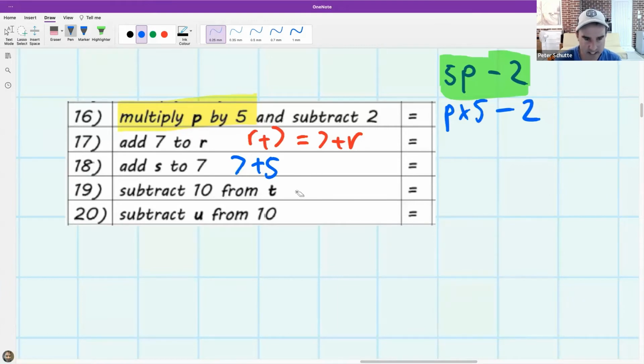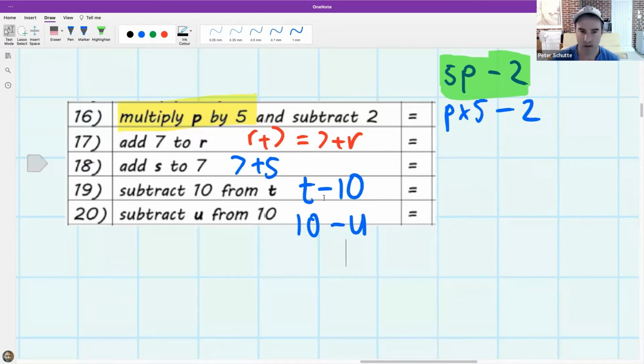Subtract 10 from t. In subtraction, the order does matter, so I need to make sure I know where I'm starting. I'm starting at t, and I'm taking away 10 from t. So it's t minus 10. And then the last one, subtract u from 10. I'm starting with 10, and I'm taking away u from 10.